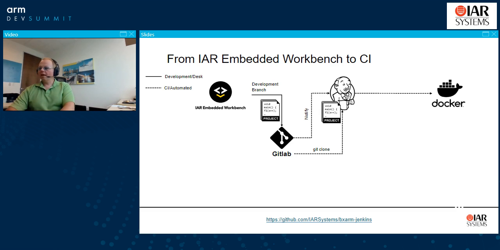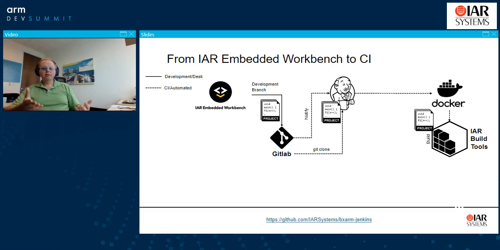So the first thing that Jenkins will do before it can do the automated tests is contact Docker and say, hey, I need you to build this code for me and let me know if there are any errors, because building is the first test that any build system does, including when you're using just the embedded workbench for ARM.